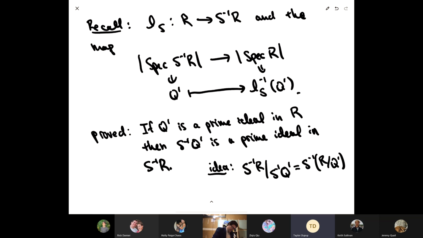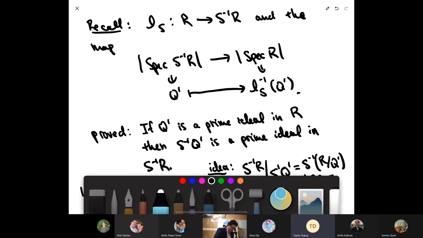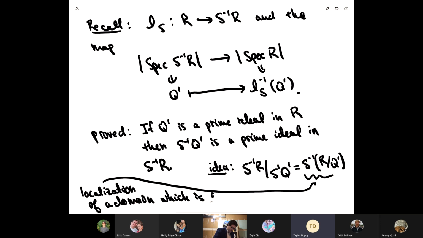This is the localization of a domain, which is a domain.